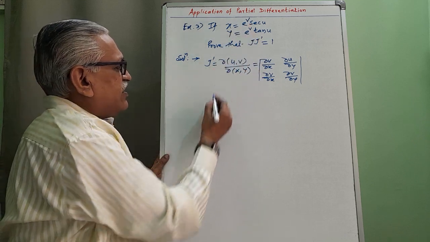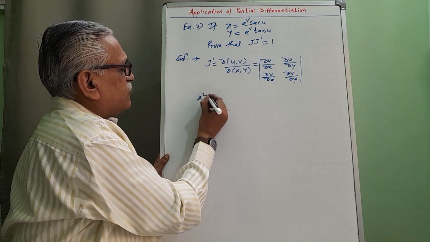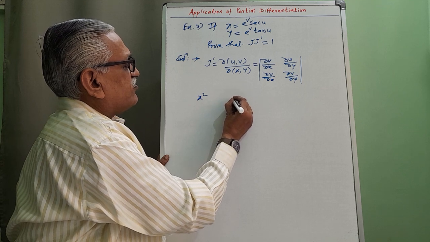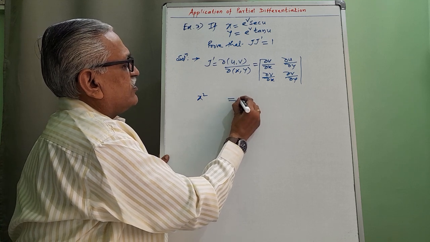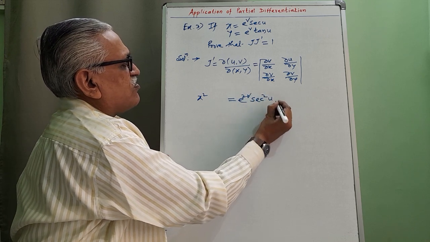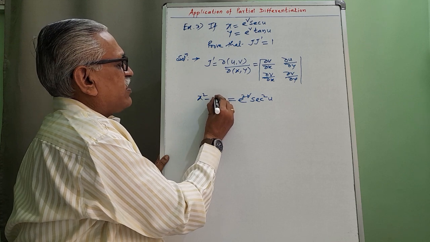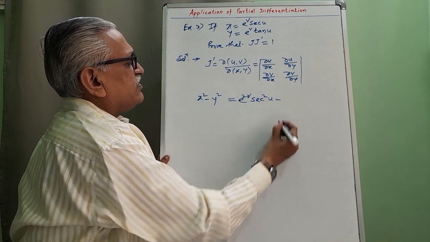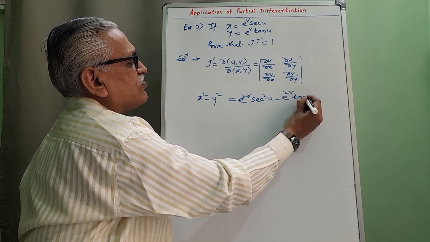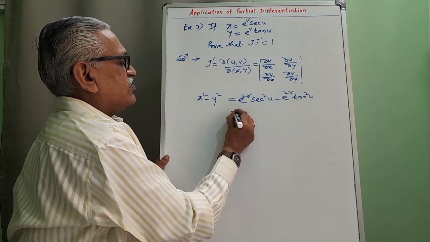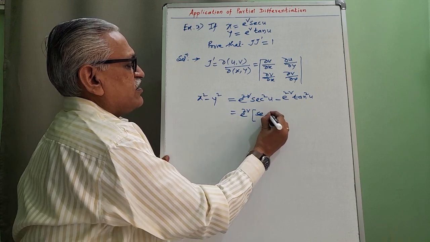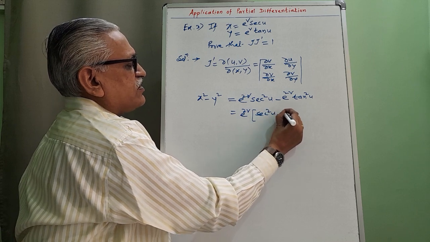Therefore, squaring and subtracting, x square is e raised to 2v into secant square u, and minus y square as e raised to 2v tan square u. We get e raised to 2v common. Remaining terms are secant square u minus tan square u.